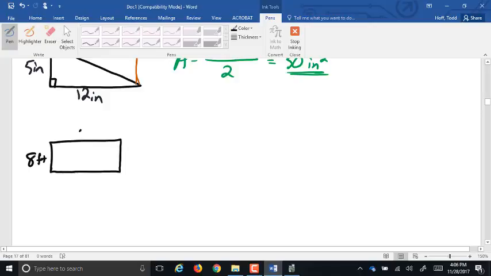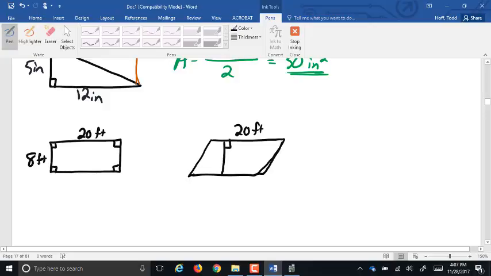So if I have 8 feet by 20 feet, recall those right angles there. So you know that's a rectangle. If I have what's called a parallelogram, there's 20 feet here.